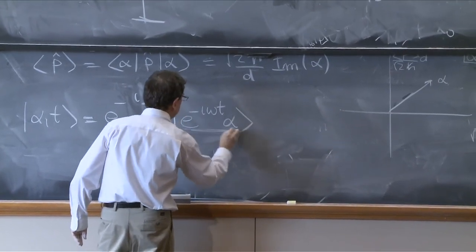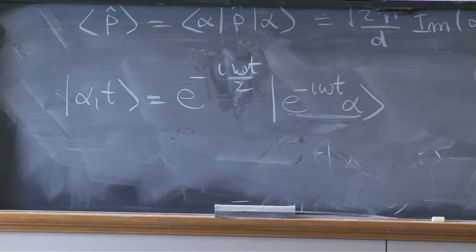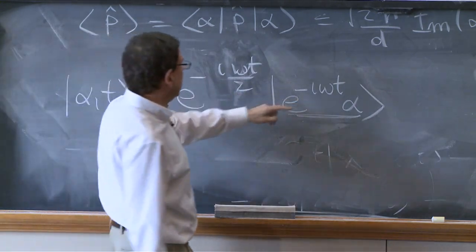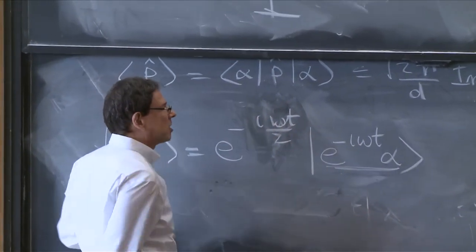That's a new complex number. That's what has happened. The number alpha has become alpha e to the minus i omega t. Now, this is a phase for the whole state, multiplicative, it's irrelevant.